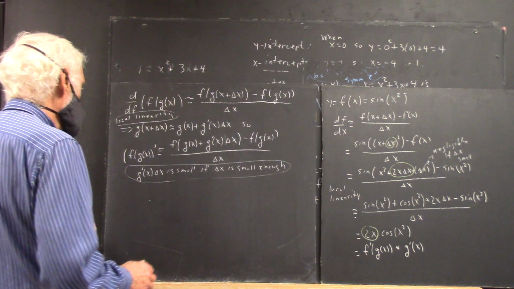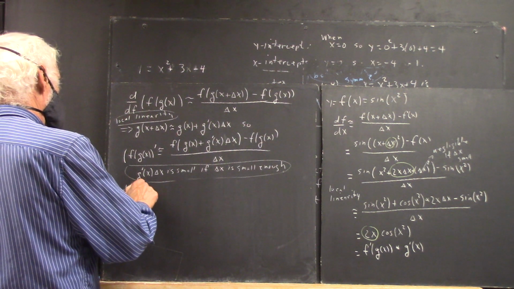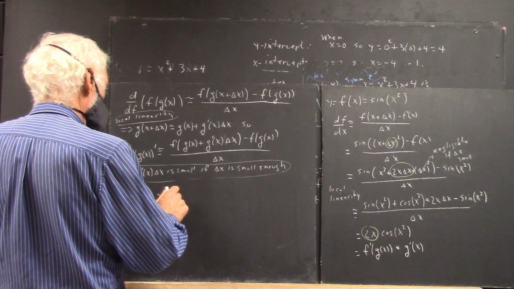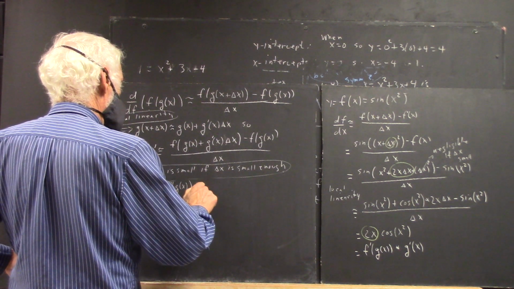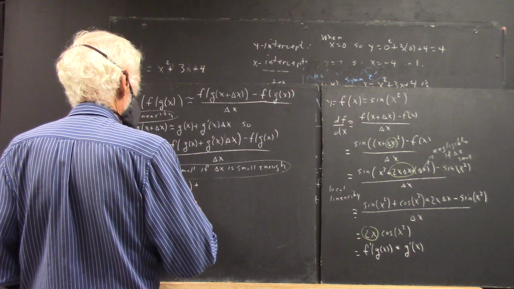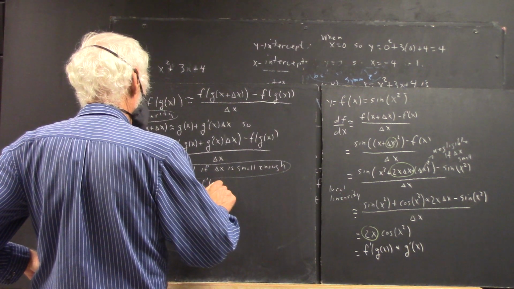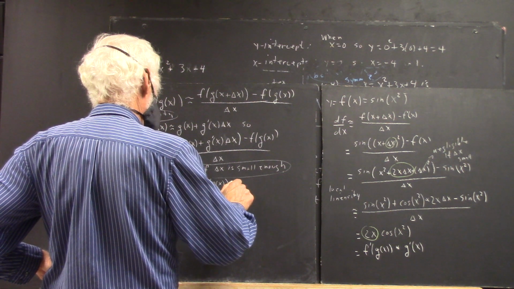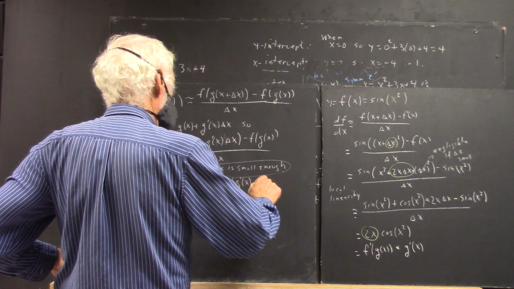So by local linearity again, this expression is approximately equal to f of g of x plus the rate of change of f of g of x, so we're going to say times f prime of g of x times g prime of x delta x.